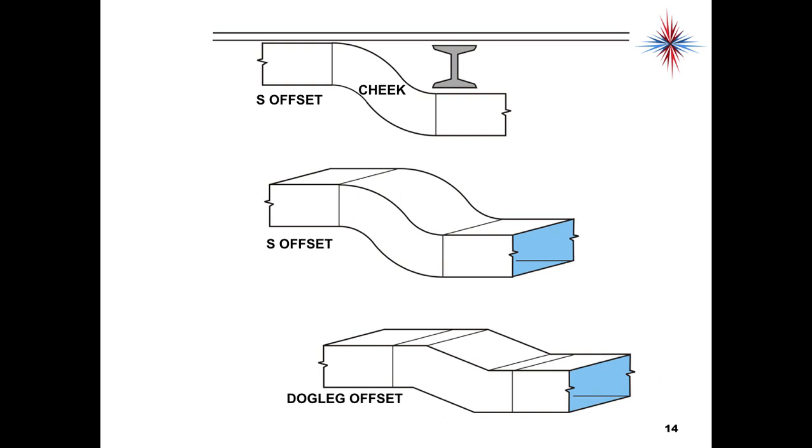The longer the curve, the better off we are. And we don't really want to do the bottom one as much as possible because it's not smooth. Anytime where we have corners with offsets or transitions, anytime there's a corner, it allows air patterns to change and we start getting more turbulence in the ductwork.